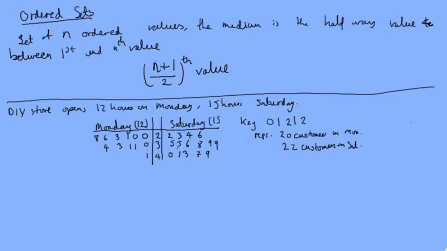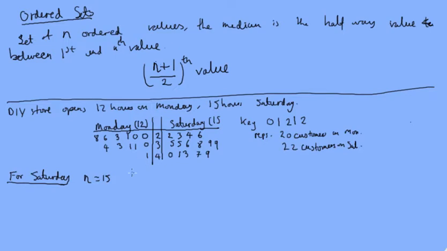So we can use this to find the median of the customers served in each of these days. And we would need to find the position on the stem and leaf diagram. So let's think of Saturday first. The number of values is 15 because there's a value for each hour in the day. And they're arranged in ascending order. So 22 was the quietest hour and 49 was the busiest hour. So we've already got all the data arranged in order here.